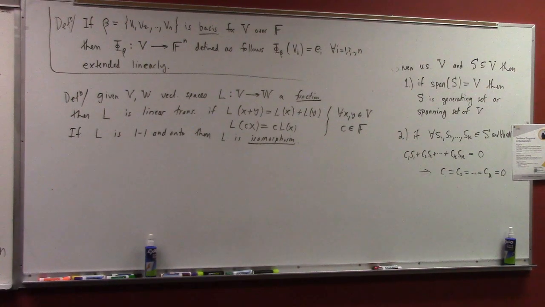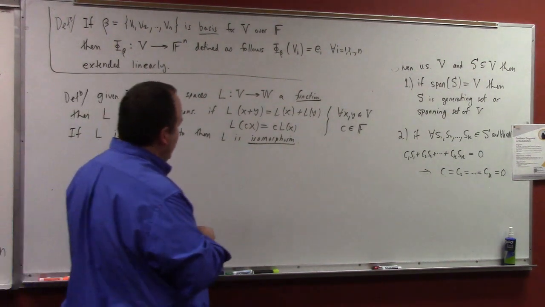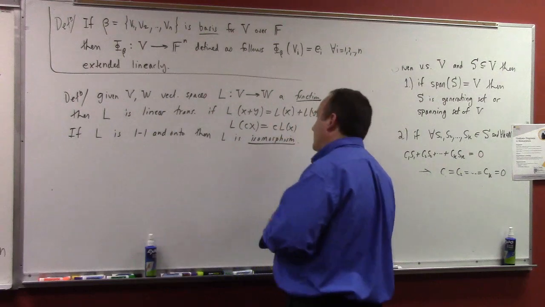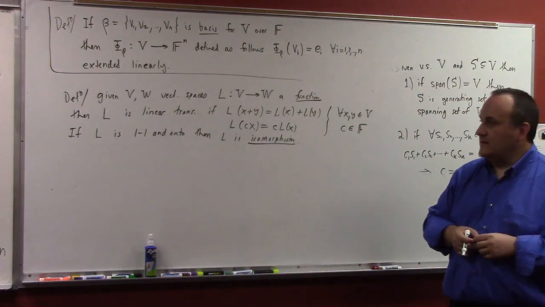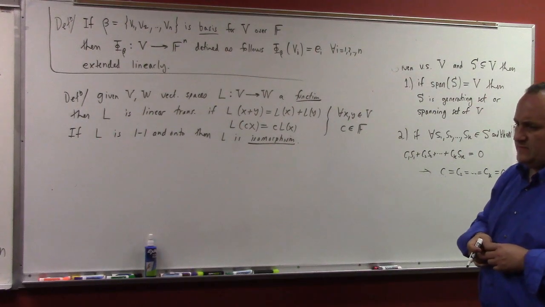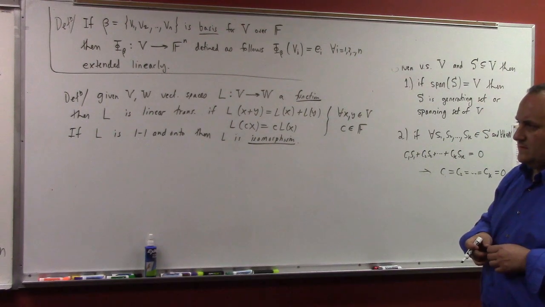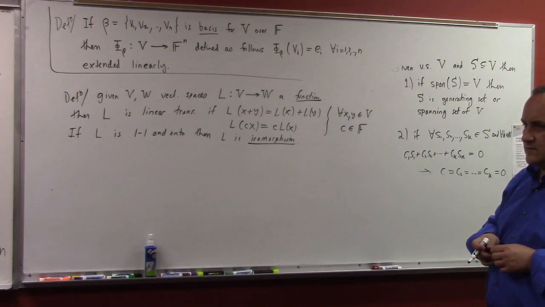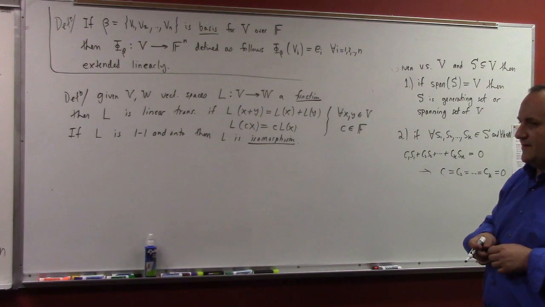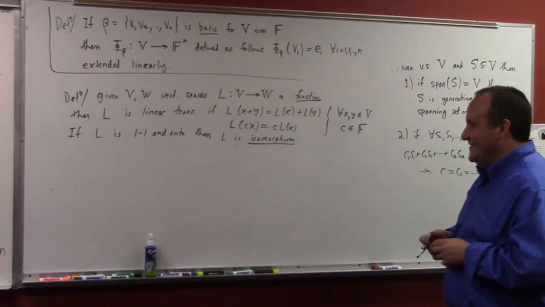And if V equals W, then it's called an endomorphism. And it has to be an isomorphism to be an endomorphism? Well, no, I don't think so. I think endomorphism just means homomorphism from the vector space to itself. I want to say isomorphism from the vector space to itself would be an automorphism.